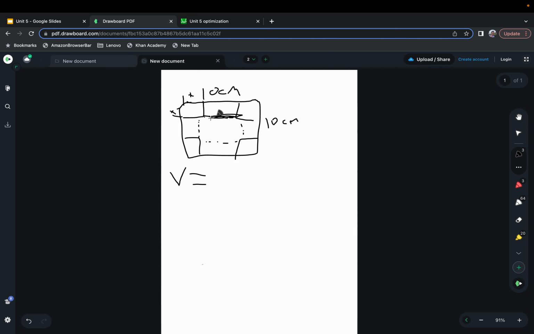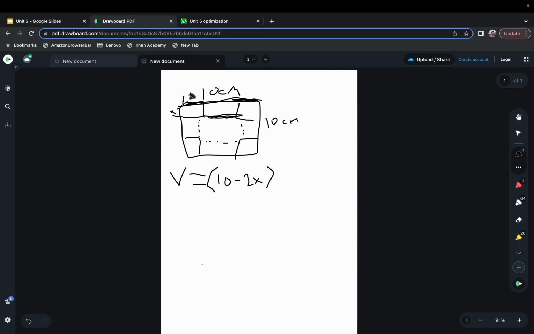And that is the whole 10 centimeters minus this segment, which has length x, like we said here, minus this segment, which has length x. So our whole thing is going to be our 10 centimeters minus x minus x. We're going to write minus 2x.